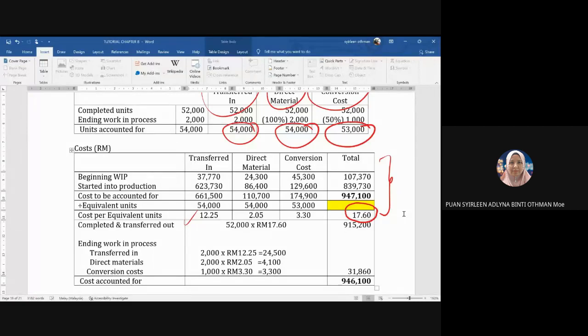This one is 915,200, which is 12.25 times 2,000, 24,500. 4,100 for direct materials, and then RM3.30 times 1,000 gives 3,300. It gives 31,000, sorry, the back part was wrong.